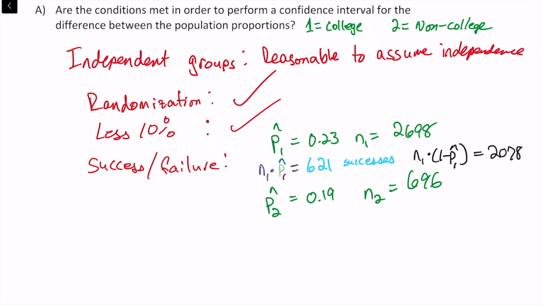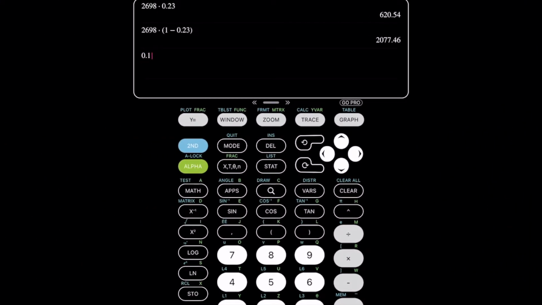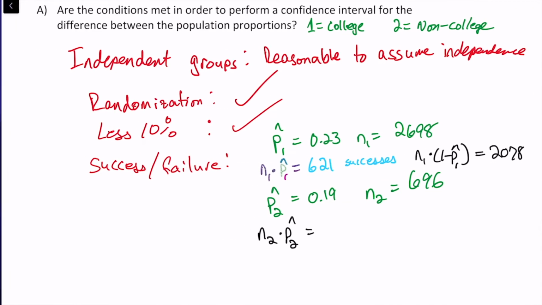So far, so good. Now we do the same thing with sample 2. N2 times P2 hat, so that will be 0.19 times 696. That's 132.24. I'm just going to make it 133.